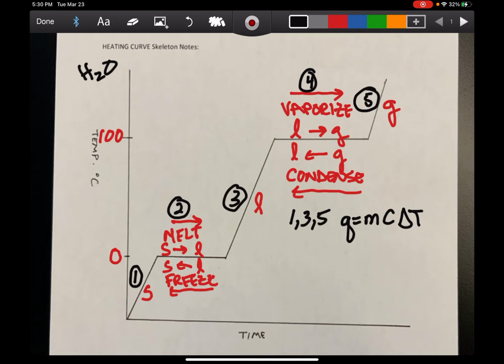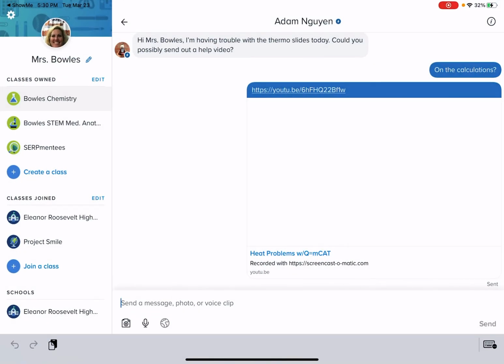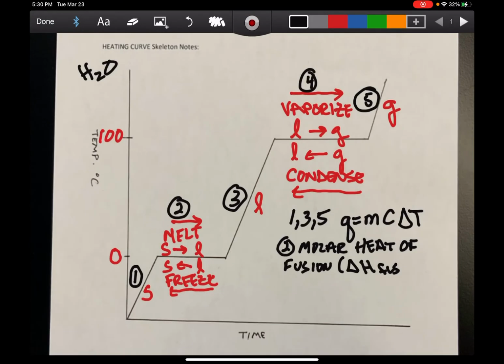It's called latent heat. For position 2, we're going to use something called molar heat of fusion. The symbol for this is delta H, ΔH fusion.